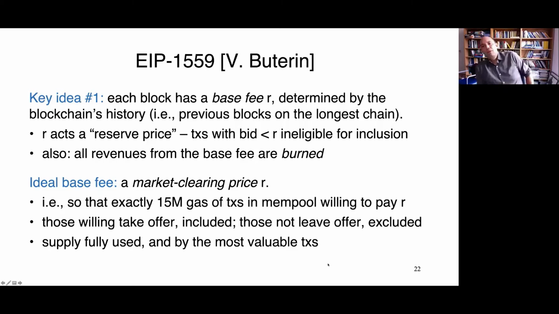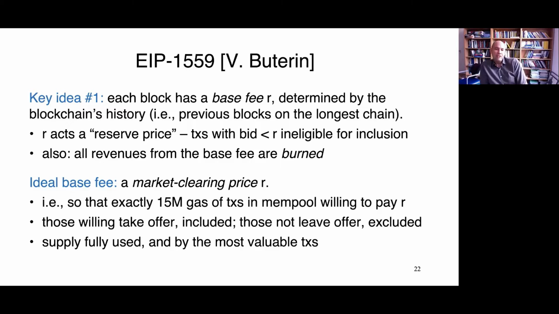All right, so this is going to be this reserve price. We're going to burn the revenues. What is that reserve price going to be set to? I said it's going to be informed by what happened in the past, but how exactly? Well, in a perfect world, you would love a market clearing price. Remember the block size in Ethereum is 15 million gas. Gas is a measure of the computational and storage cost of a transaction, and there's a budget of 15 million gas per block.